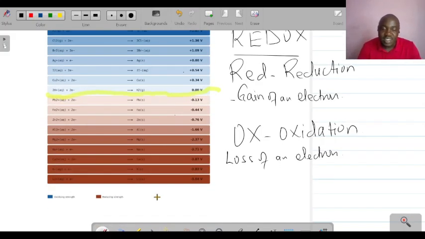On the other hand, if an element has a greater ability to lose an electron more than hydrogen, then it is going to be assigned a negative standard reduction potential.